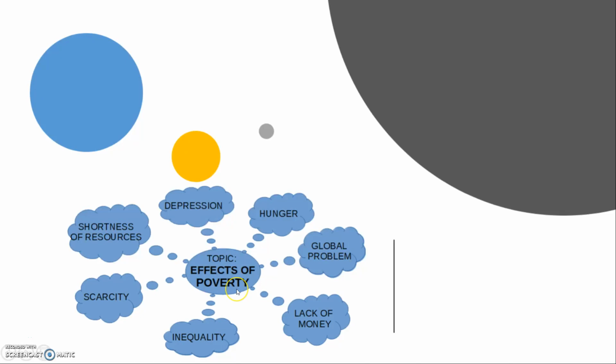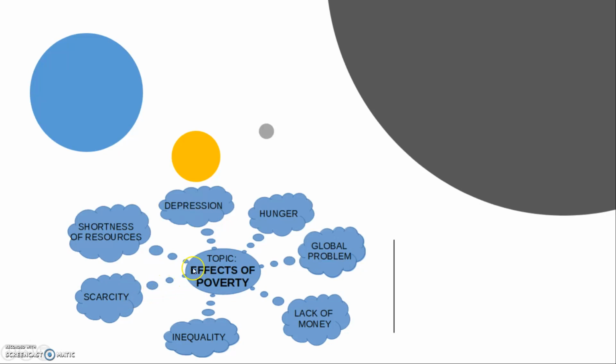So for example, in my case, the effects of poverty, the first thing that comes to my mind when I think about this is hunger. So I write here hunger. Then I think about how poverty is a global problem. Every country is affected by it. Then I keep thinking further and I come up with lack of money, inequality, scarcity.